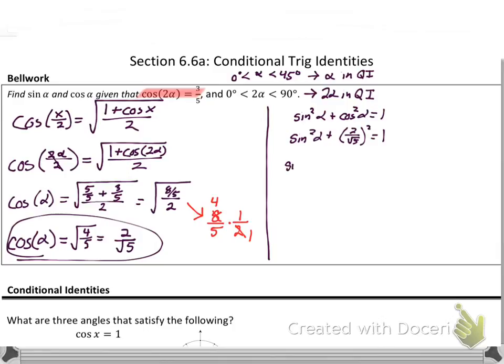I'm going to shortcut this: square it and subtract it from the other side. So we have 5 over 5 minus 4 over 5. I squared this, which became 4 over 5, and I subtracted it from both sides, so it's going to look like that.